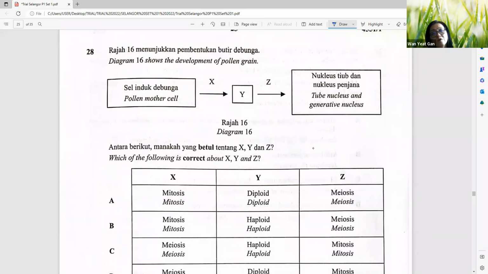So the meiosis will produce haploid cells, all right? 4 microspores. Okay, so this is meiosis, and then each of these microspores will divide by mitosis to form a cell with 2 nuclei.